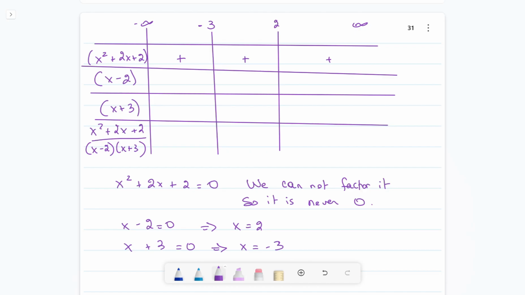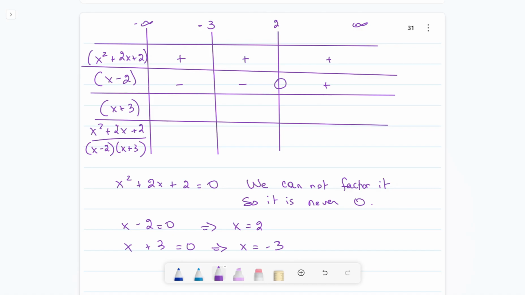Now the second one, x minus 2, we agreed that when x is 2, this is 0. And when x is greater than 2, so if x is 3, 3 minus 2 is 1, so we can see that it is positive. Now if x is less than 2, so if you take x equal to 1, 1 minus 2 is -1, so it will be negative.